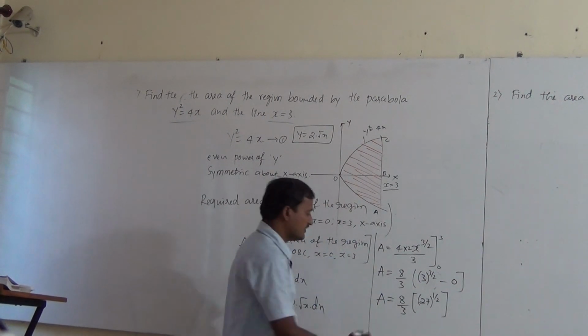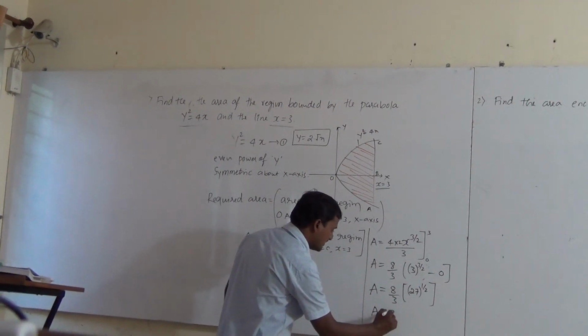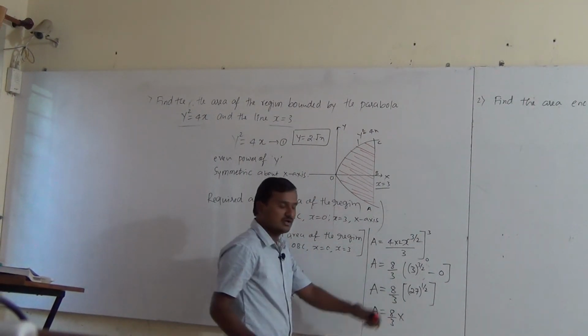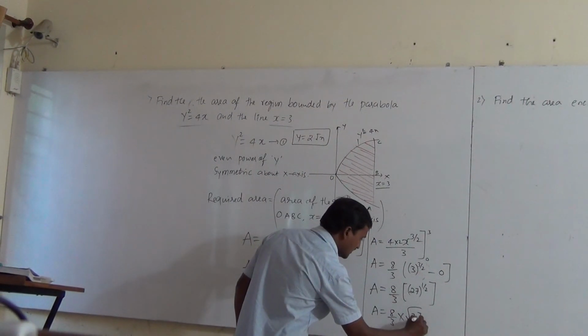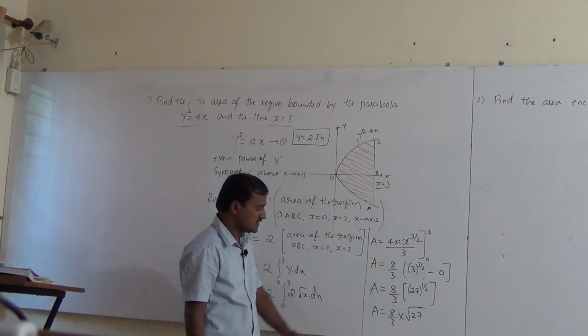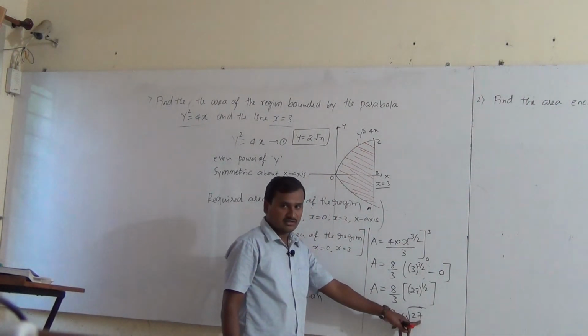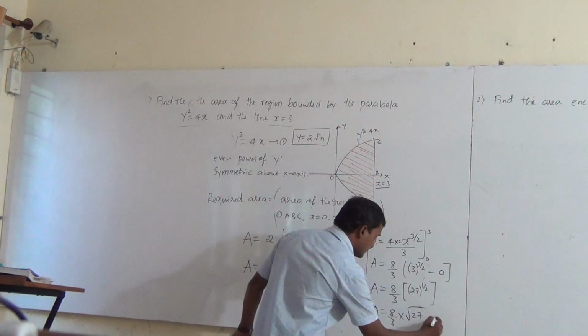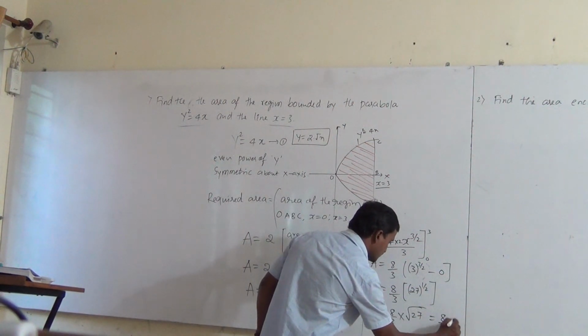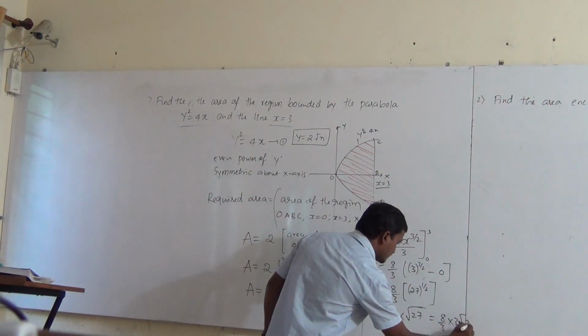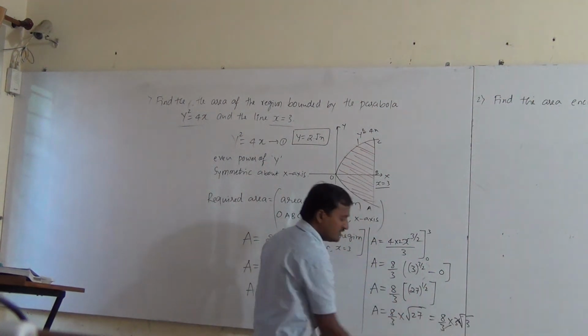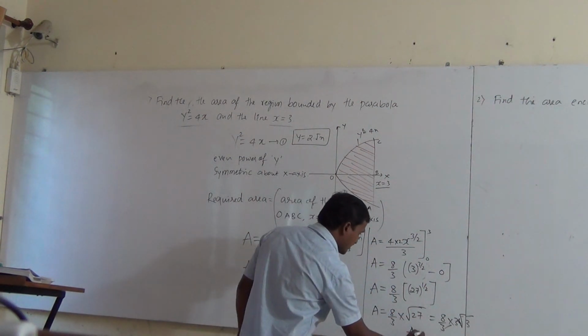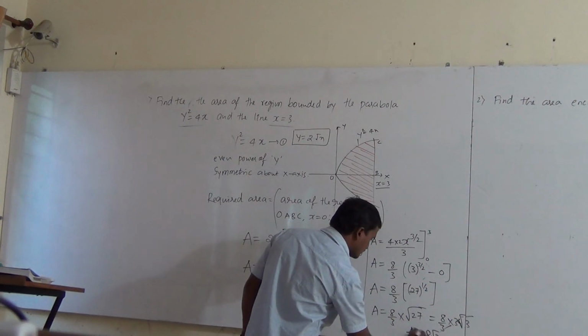So clearly it is 8 by 3 as it is into root of 27, right? Root of 27 means 9 into 3. Take 3 outside. So therefore clearly 8 by 3 into root 3, right? So here 3 and 3 will get cancelled. Therefore the required answer is 8 root 3 units.